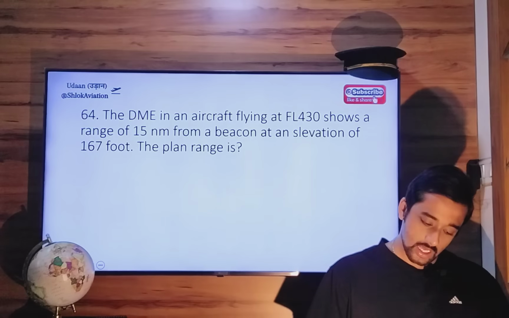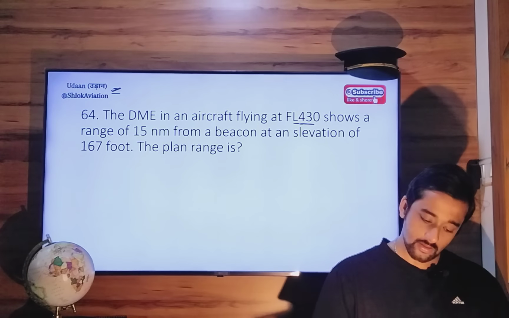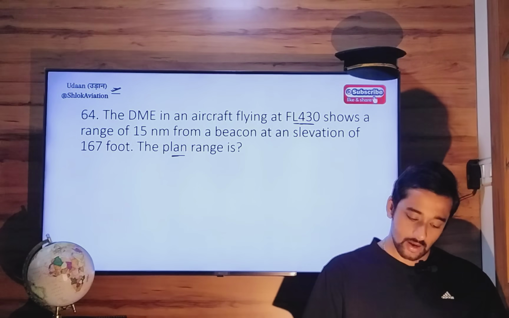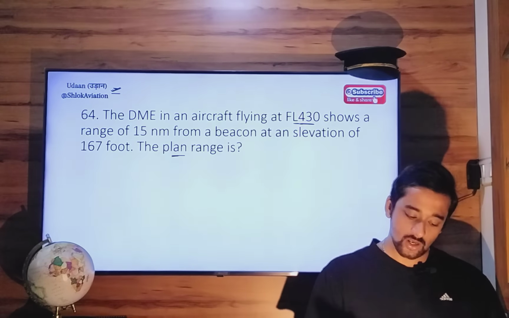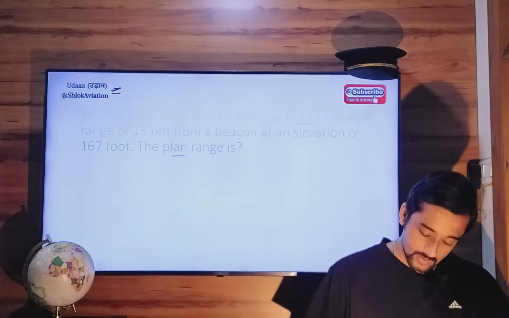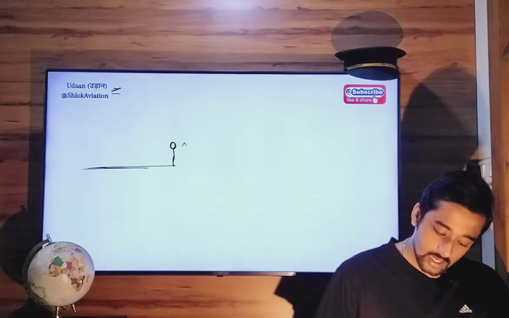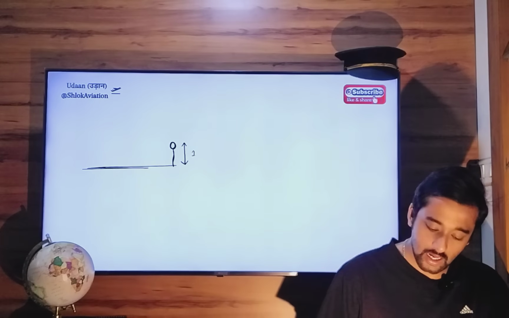Question 64. DME is given, aircraft's height is given, what is the ground range? Now here you have to remember the elevation of beacon is 167 feet. So that means, let's say this is your ground. Beacon is 167 feet above that.